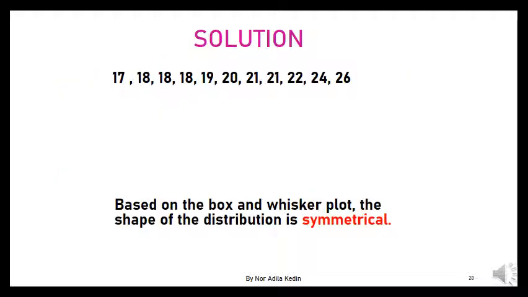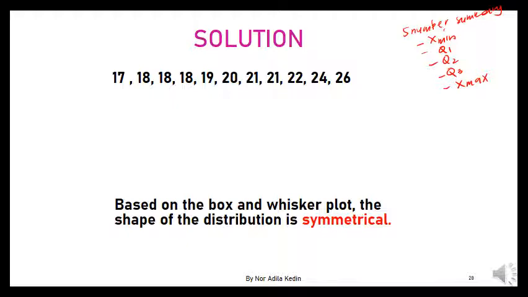To draw a box and whisker plot, alright, you need 5 number summary. Apa itu 5 number summary? X minimum, Q1, Q2, Q3 and your X maximum. So you need to find the 5 number summary dulu, baru you boleh draw a box and whisker plot.